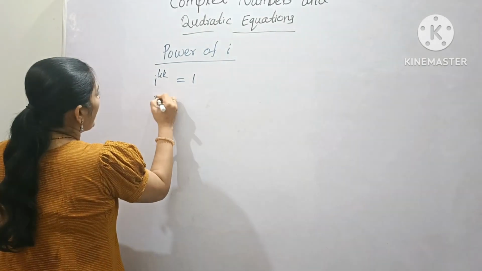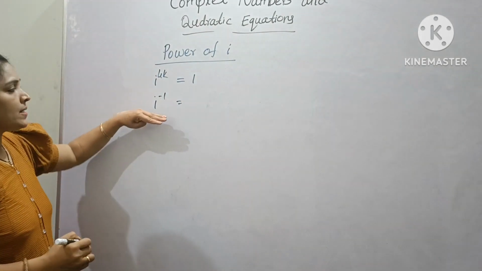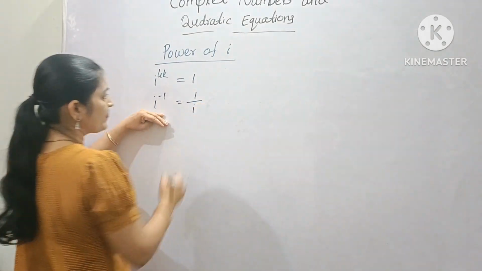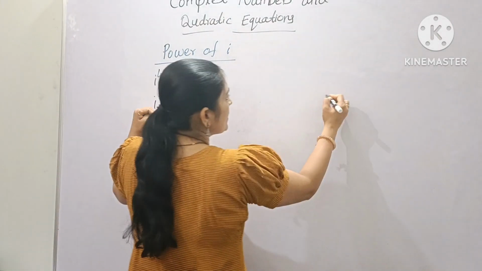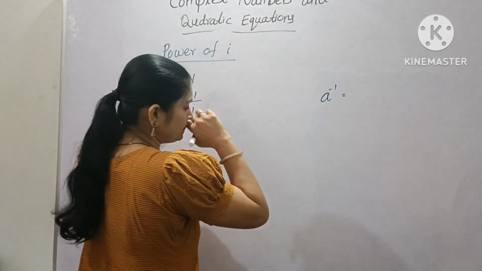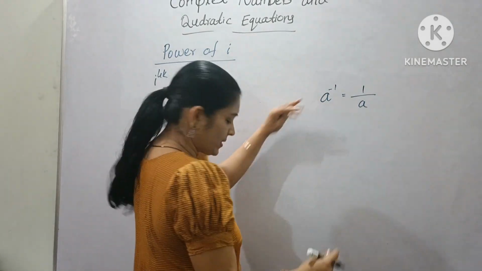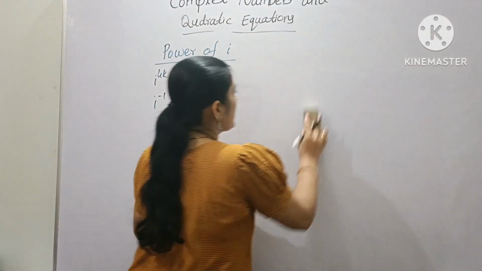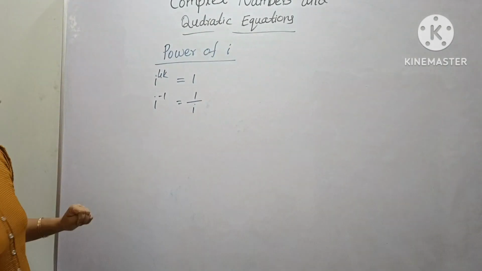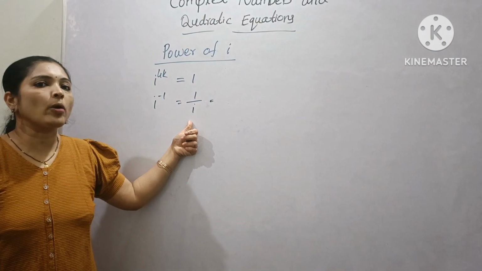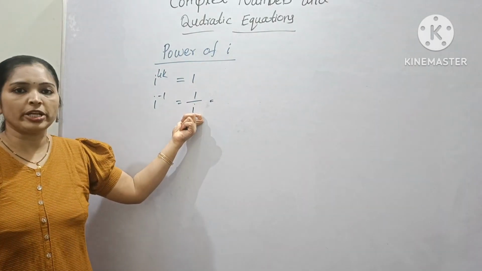Then what is i raised to minus 1? See, i raised to minus 1 is nothing but 1 by i. What is a raised to minus 1? a raised to minus 1 is nothing but 1 by a. So i raised to minus 1 is equal to 1 by i. Here also we have a complex number in the denominator, with the imaginary part.